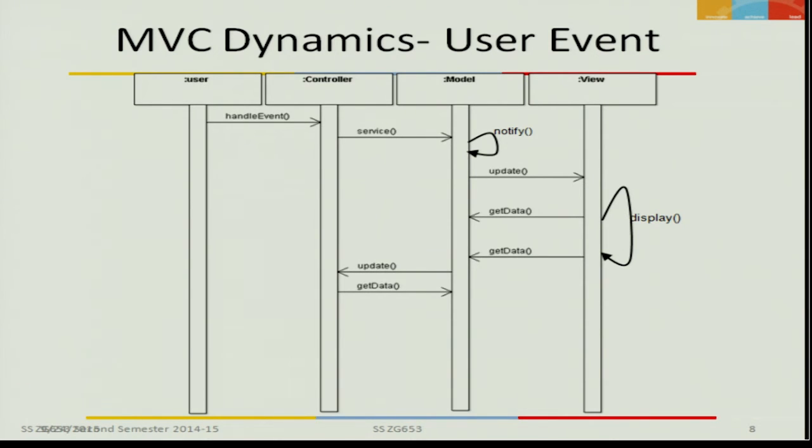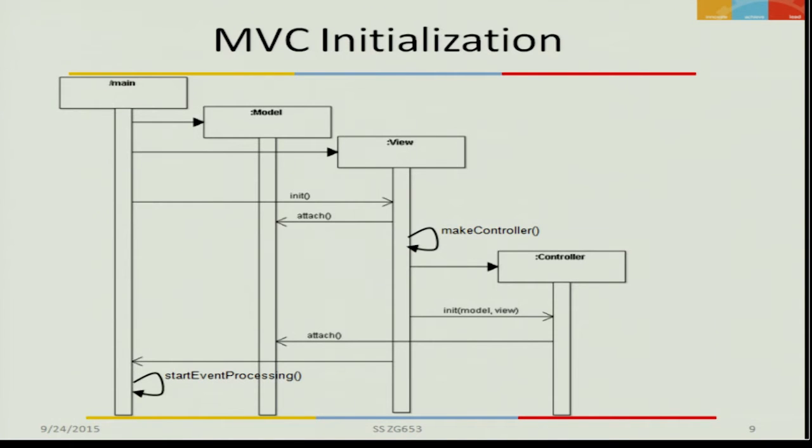So when model makes a call to a controller saying update, in response to the update method, controller again goes back to model asking for data. Obviously controller is not going to be responsible for any display, but it might just get the data for any other processing.